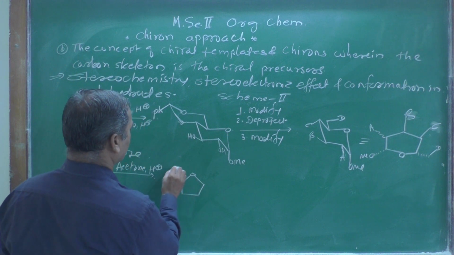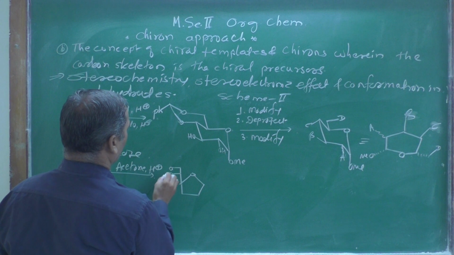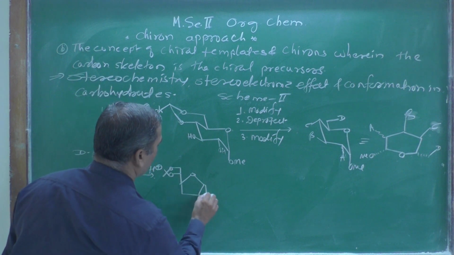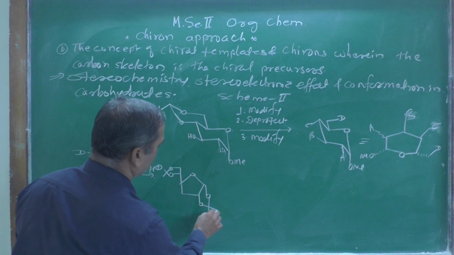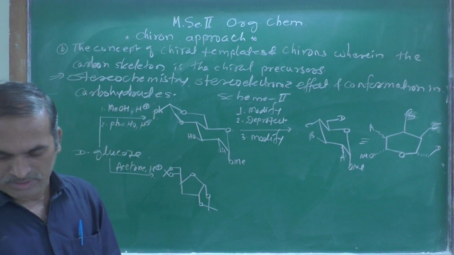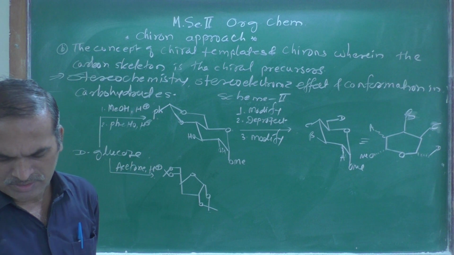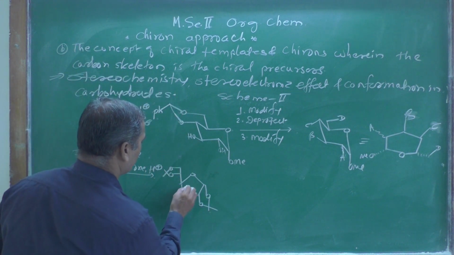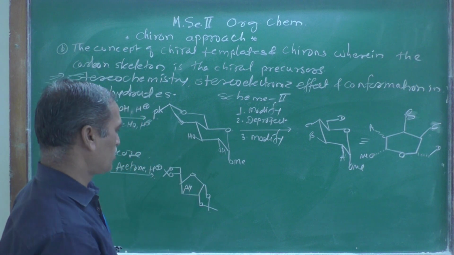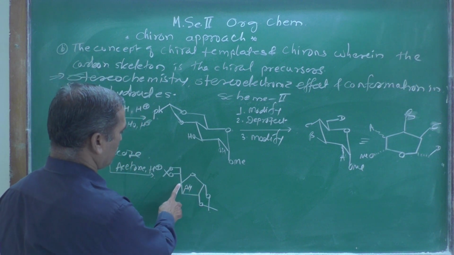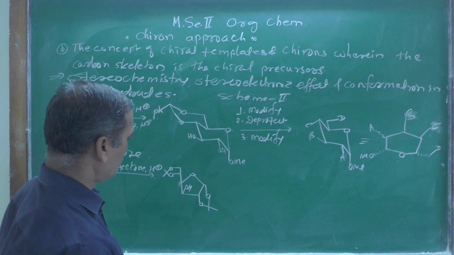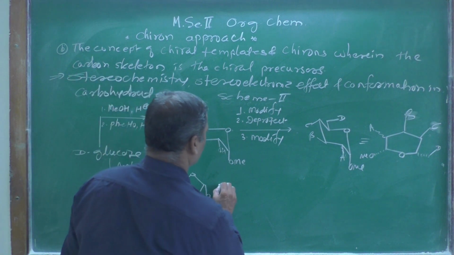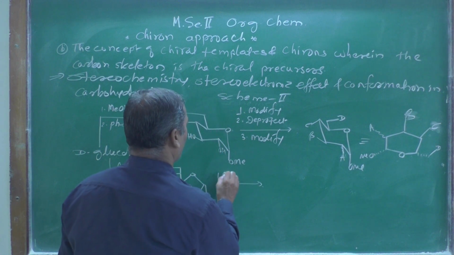Here this gets protected, and here also O and O get protected, and here only one OH remains. It is not in the vicinity, and therefore it is shown like this, OH. And then after that, first one is modify.